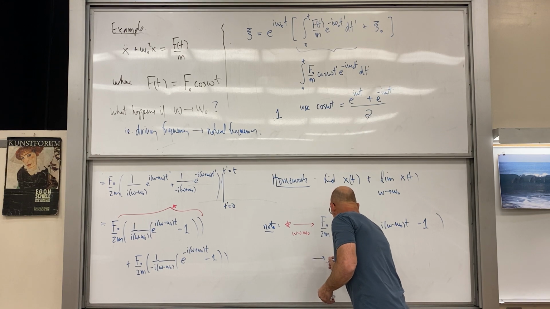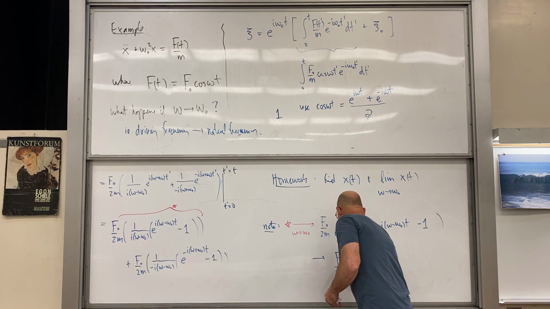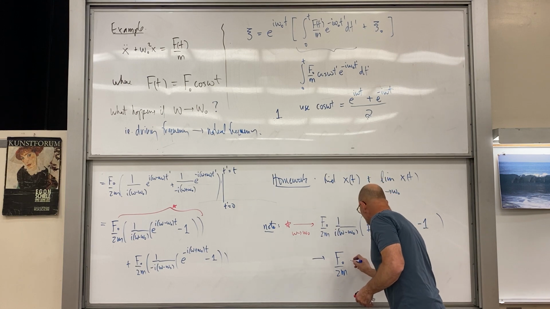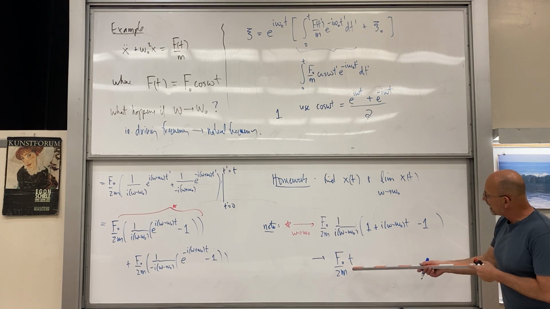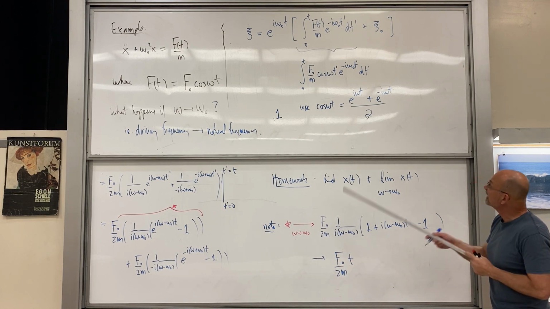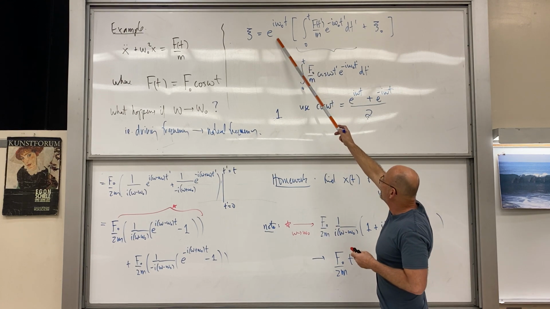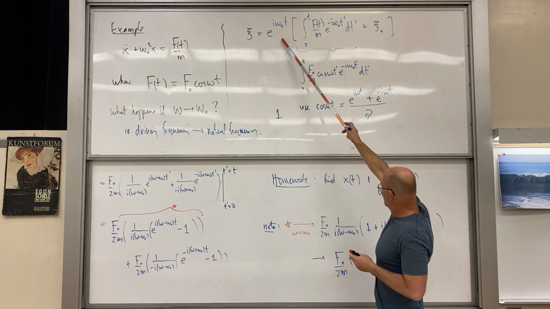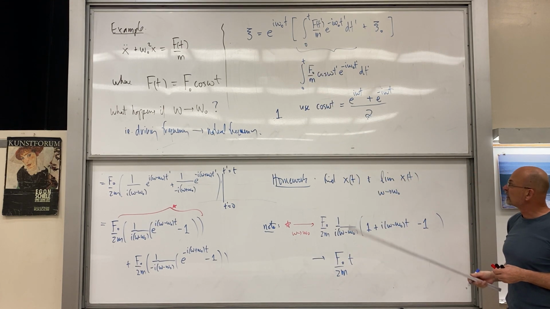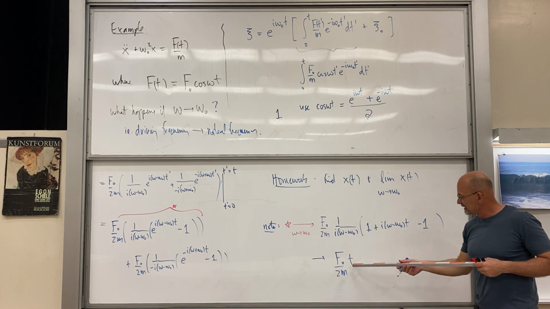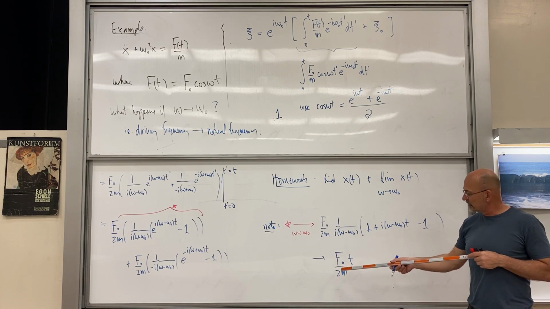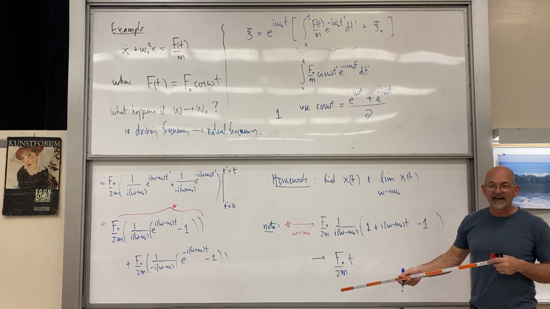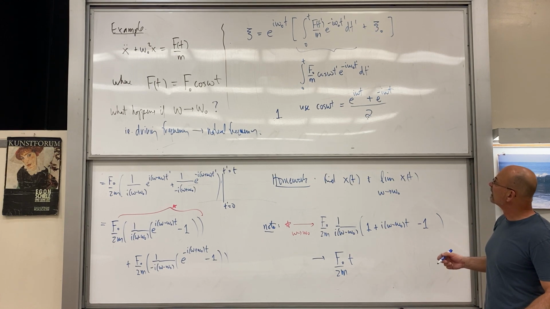And so that goes to F naught over 2m times t. That's all that's left. So when you multiply F naught over 2m times t with this, what's the imaginary part going to be? It's just going to be the sine of omega t times t. This is going to be that resonance catastrophe I was talking about, where the amplitude keeps getting larger. This is where we find it.